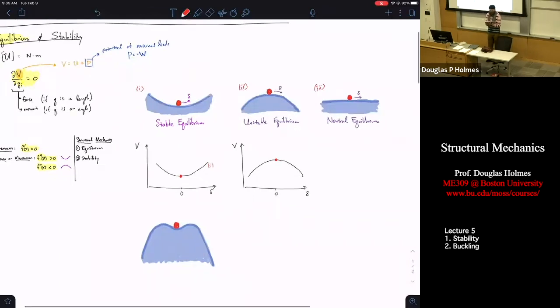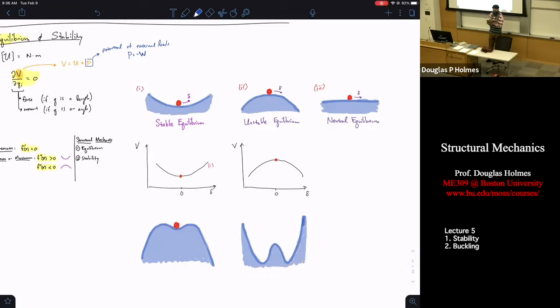I'll give you another example. So here, I can place my ball on the top of this potential energy landscape. And again, you can just be thinking about this in terms of gravity. Your potential energy is changing due to simply gravitational potential energy, which is dictated by the height of the ball.